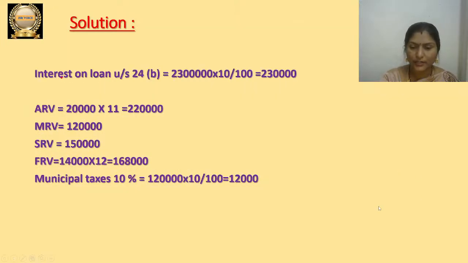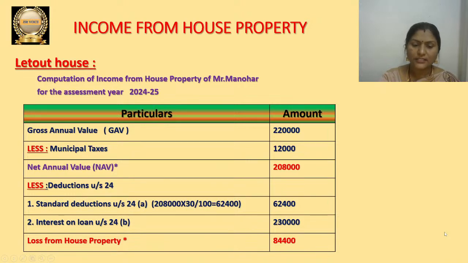Solution starts from here onwards. After this is a format that we have drawn and we calculated loss from house property. That is the answer here, loss from house property.